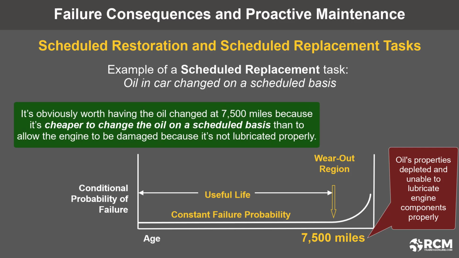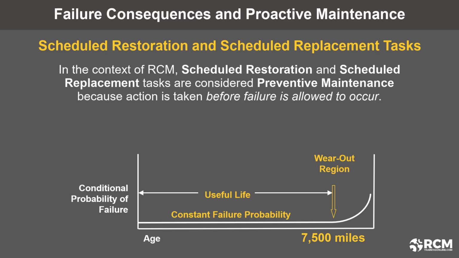It's obviously worth having the oil changed at 7,500 miles because it's cheaper to change the oil on a scheduled basis than to allow the engine to be damaged because it's not lubricated properly. In the context of RCM, scheduled restoration and scheduled replacement tasks are considered preventive maintenance because action is taken before failure is allowed to occur.